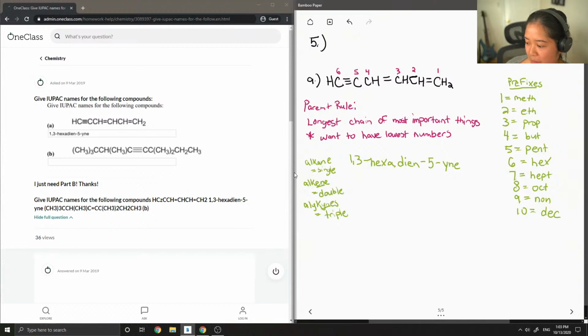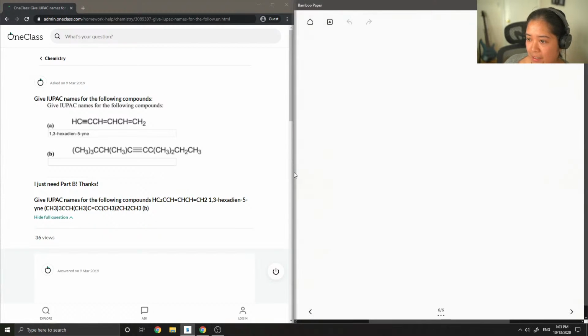Just going to start a new page. It's pretty big. So this is also question 5, continued. You have a carbon that has these methyl groups sticking out.